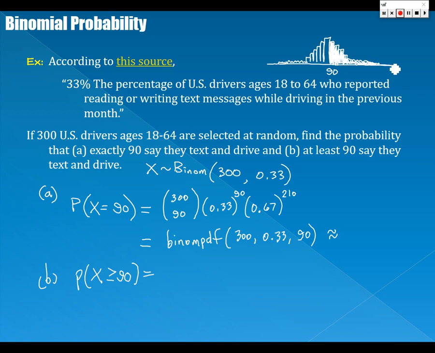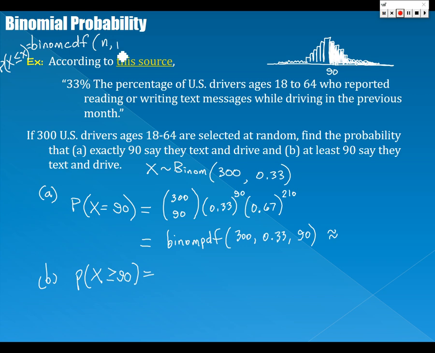Now there is another calculator feature that you've been looking at, and that's the binomcdf feature. That always calculates the probability for any cumulative distribution. The C stands for cumulative, which is a good name for it. That always calculates the probability of X less than or equal to little x.